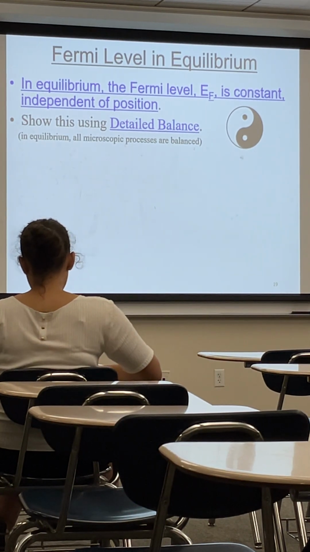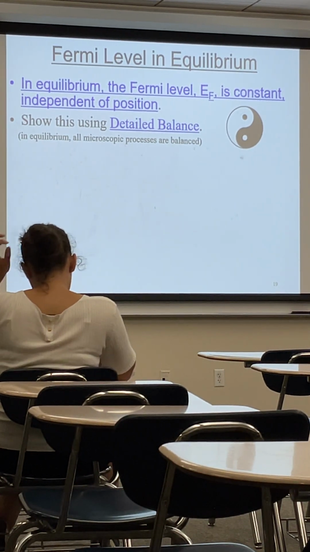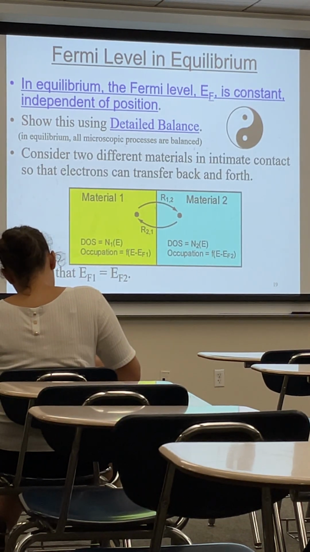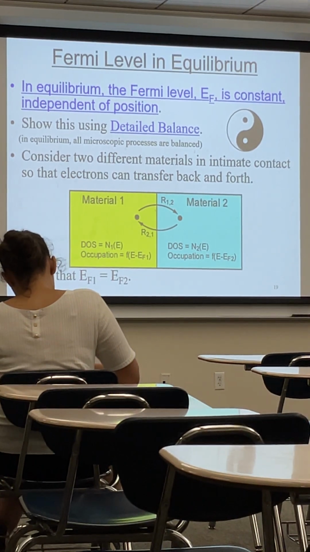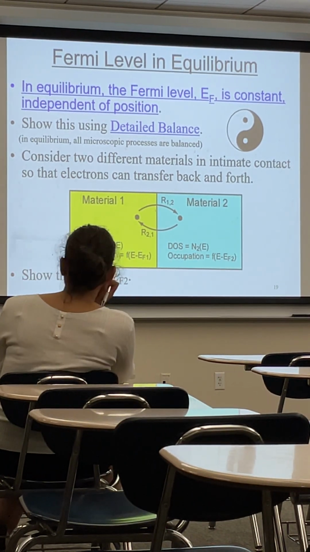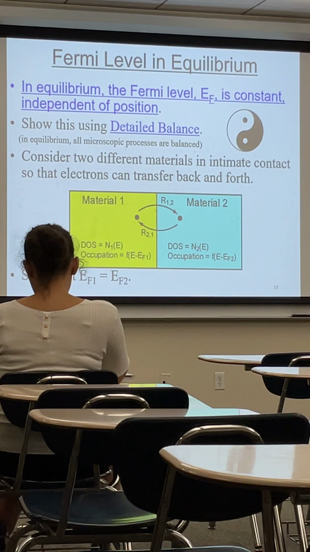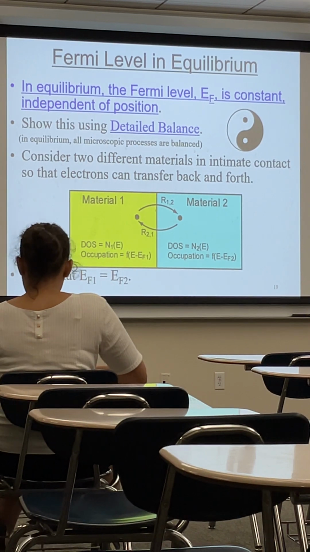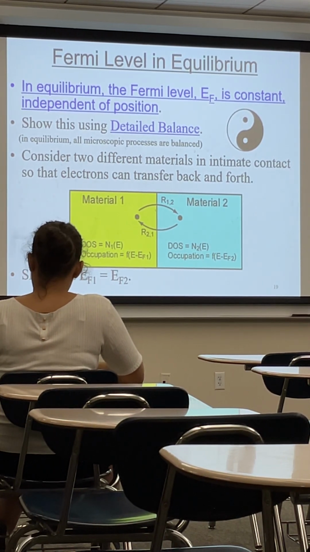They are all balanced with each other. In semiconductors, we can also think about two different materials. They have different density of states, and also different occupation, or Fermi function, right?